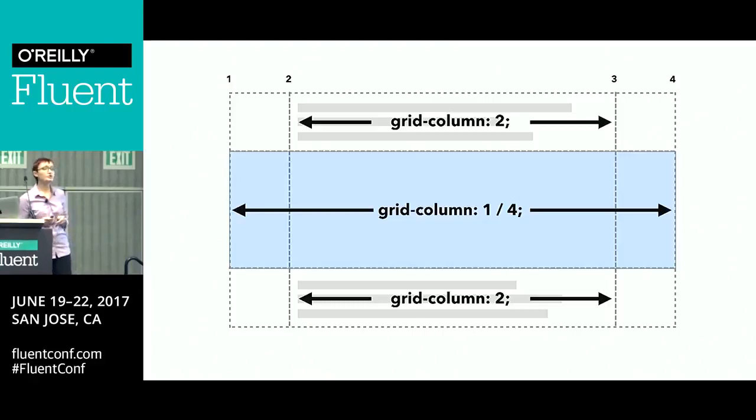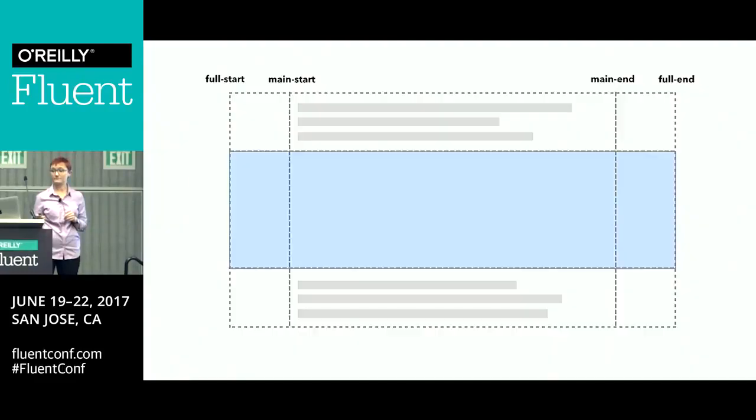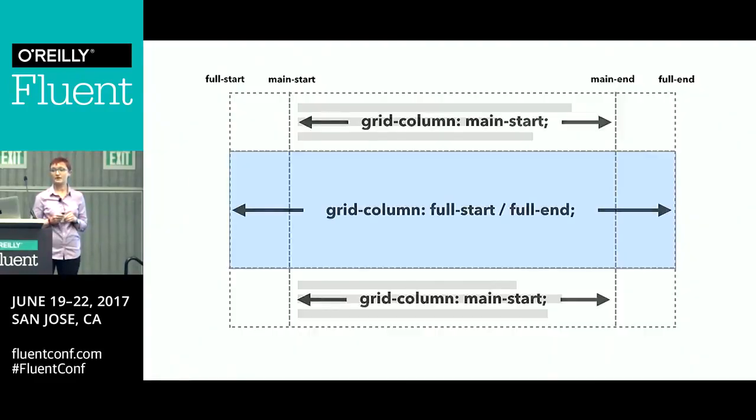But the example didn't use numbers, it used names. So now you need to know that you can name lines. And you name lines in the square brackets before or after the track. Remember, we're naming the lines, not the tracks here. And then we can just swap our line numbers for line names. So there's the grid. And the positioning works like this.